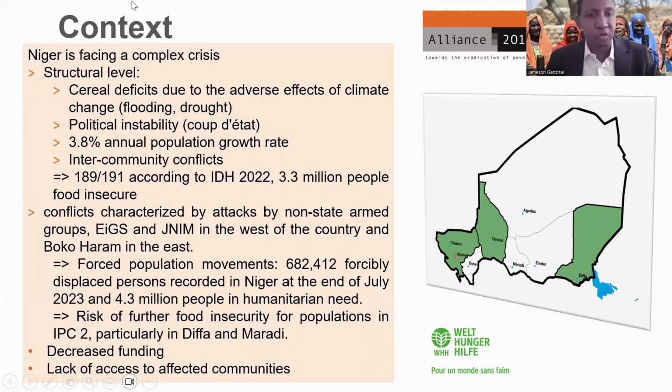So the context in Niger is particularly interesting with the cascade of crises. On the one hand, we are having crises relating to the structure in terms of agricultural production, which has seen populations not having the food security that they would need, and then a series of attacks covering both ends of the country and making the country unstable. For the regions that we'll be looking at particularly today, Tahoua and Tillabéri, you'd find that they are the regions bordering three other states where there has been incessant military action.